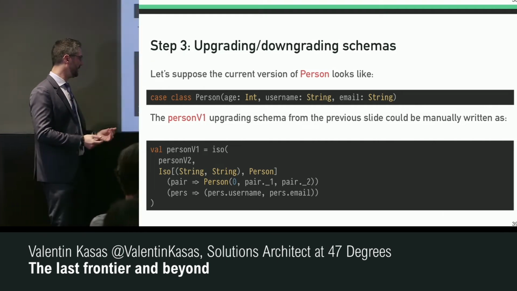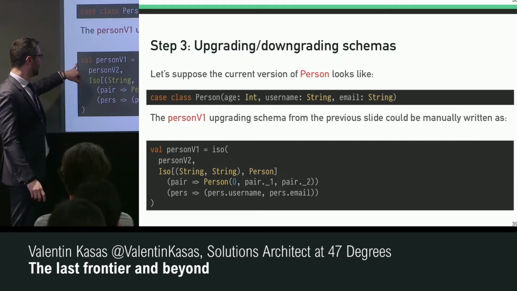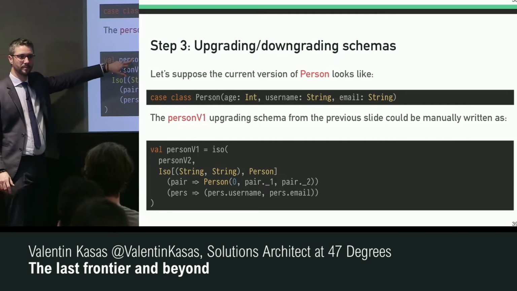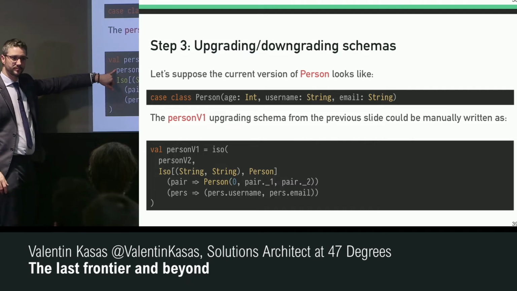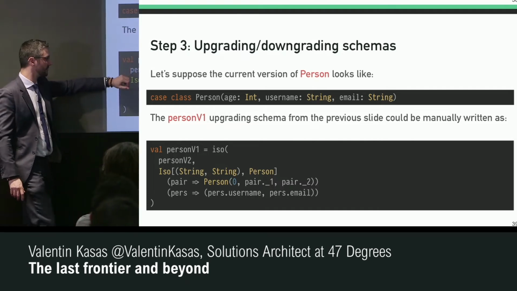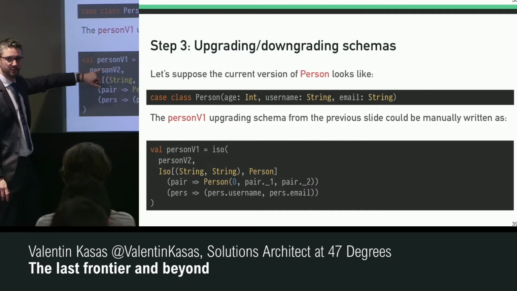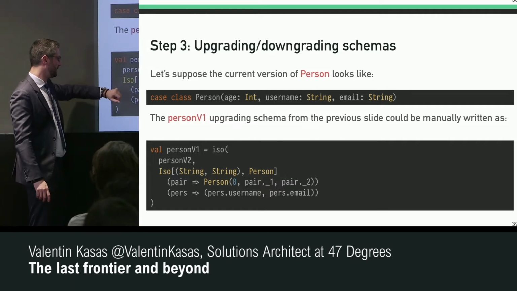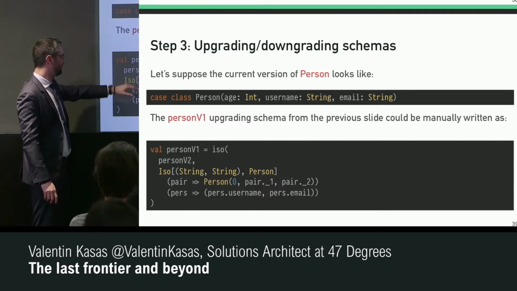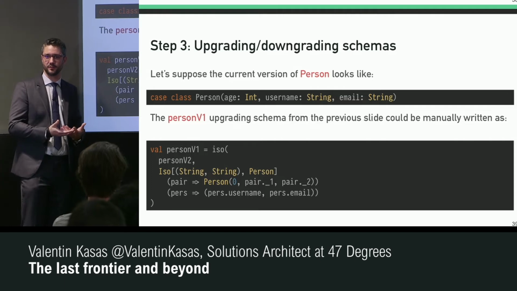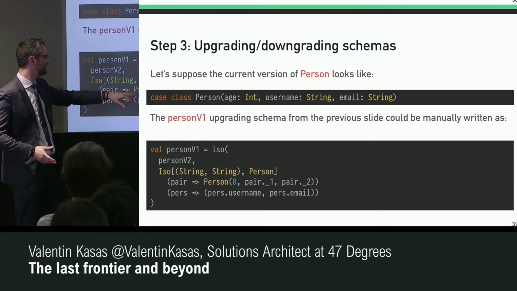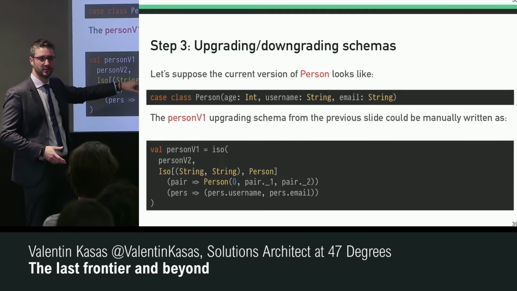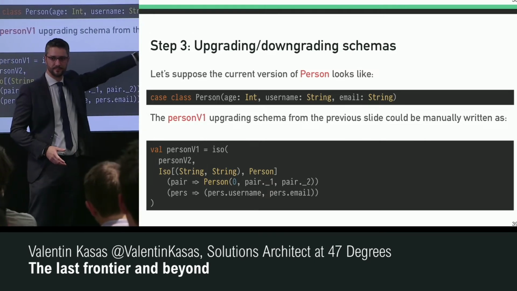So what I can say is the version 1 is like the version 2, so it's an isomorphism on top of the version 2. But before I added the field, the representation of the version 1 was just a pair of strings. The 2 fields, username and email.